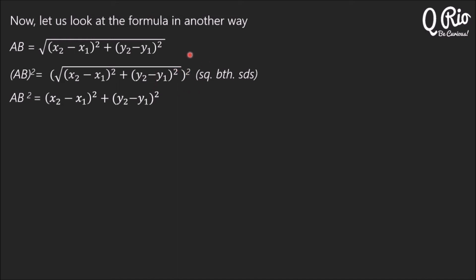And now if you look at it, don't you think this is something familiar? If you are thinking that this looks like the Pythagoras theorem, then you are absolutely correct. This is just another version of the Pythagoras theorem, where AB is acting as the hypotenuse, x2 minus x1 is acting as the base or perpendicular, and y2 minus y1 is acting as the perpendicular or base.